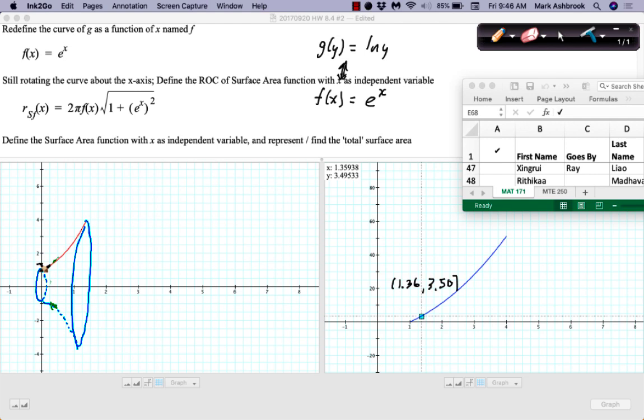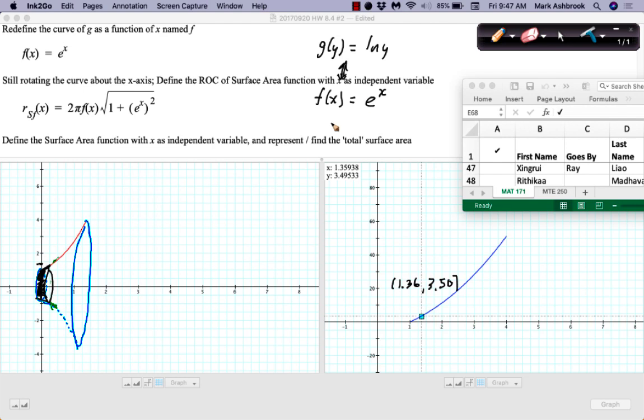We're thinking of it accumulating from bottom up. So it's kind of like this much surface area. See that? That much surface area is 3.5 square units, corresponding to y increasing from 1 to 1.36. Is that what you said? Okay, that's right.